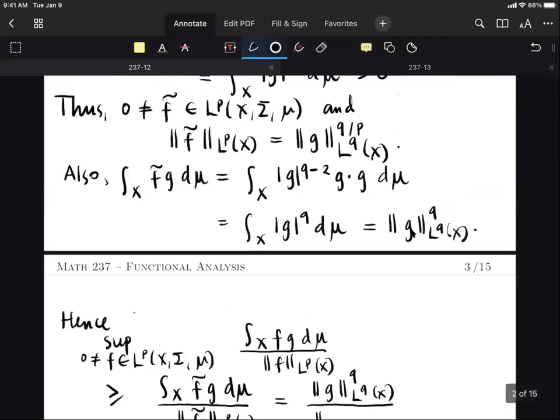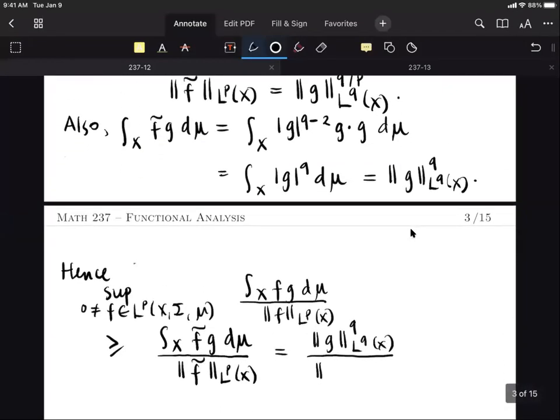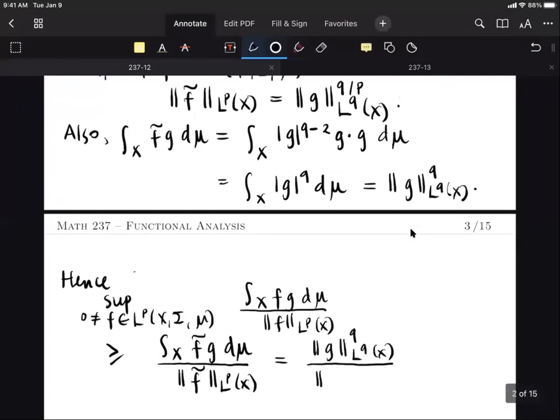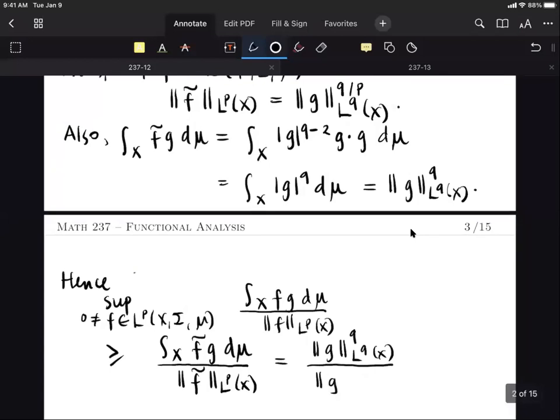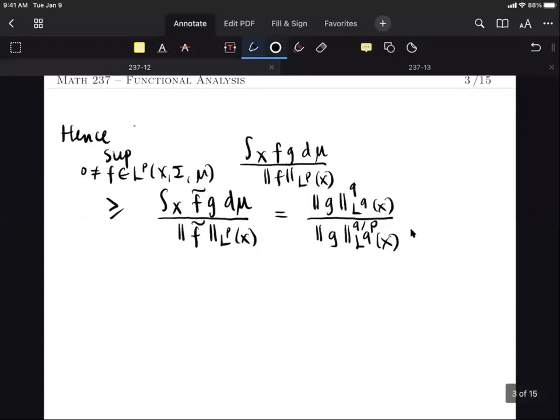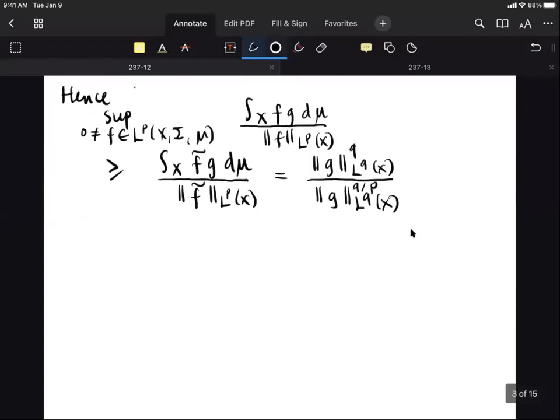On the other hand, the denominator is the LQ norm of g raised to the power q over p. Now we have the same base. So laws of exponents imply that this is the LQ norm of g raised to q minus q over p.